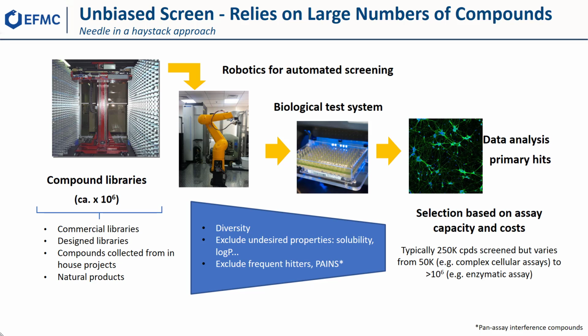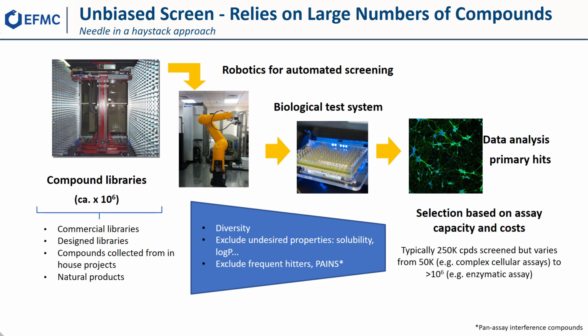And pharmaceutical companies and academic institutions have assembled these libraries by purchasing commercial compounds, designing custom libraries to increase the diversity, but also by collecting compounds that are made through their discovery projects. Last but not least, several collections also contain natural products.